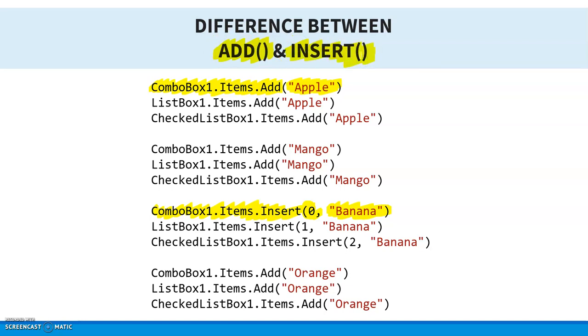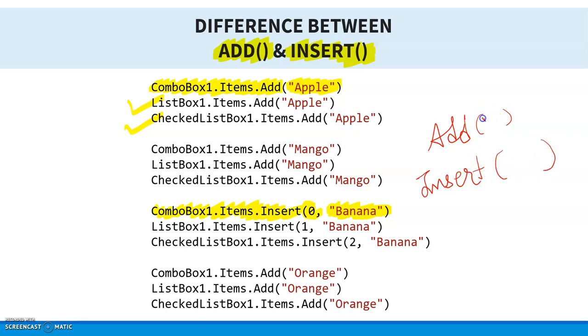You may see the list box 1 and checklist box. List box 1 and checklist box are both more or less similar to the combo box, and we will discuss this in the next session. Right now just focus on this difference: add is a method and insert is also a method. Then what is the difference?